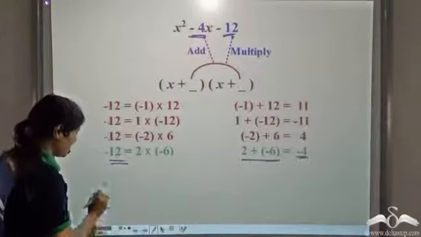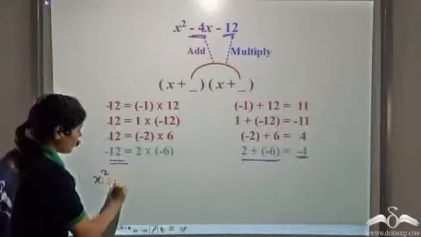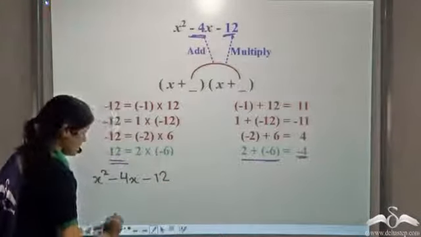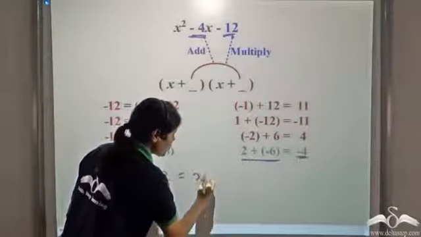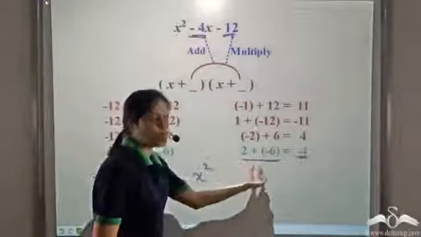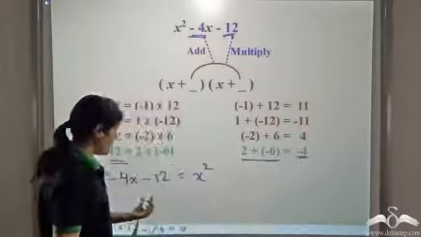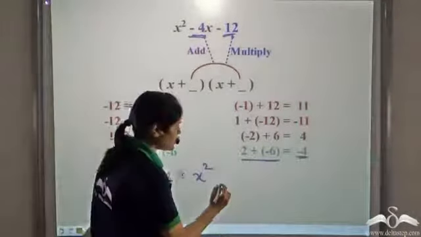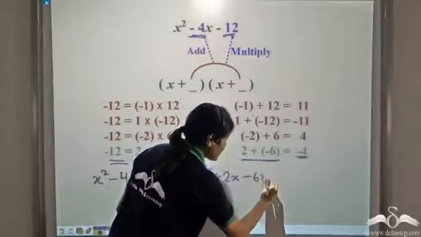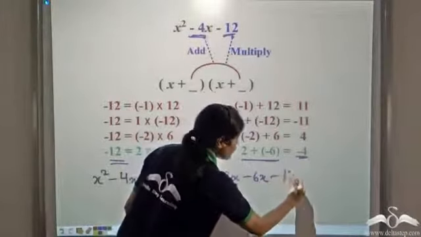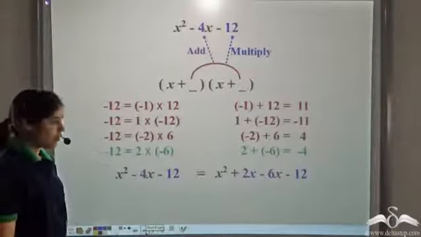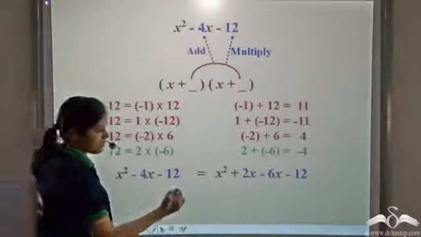So we write x squared minus 4x minus 12 is equal to x squared, minus 4x is written as 2x minus 6x, and minus 12 remains. So this is what we have. Now factorize by grouping.